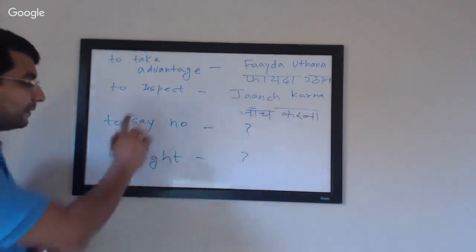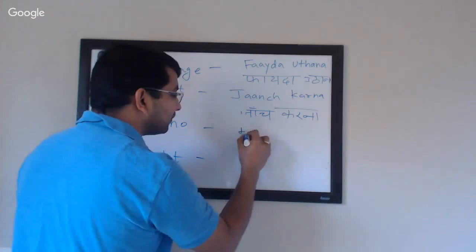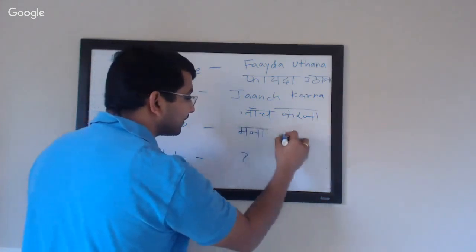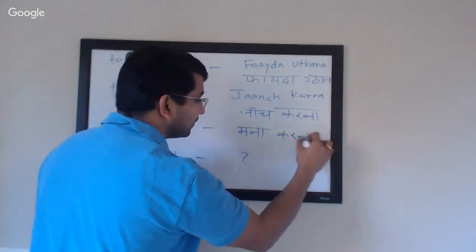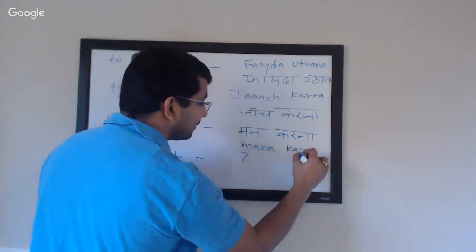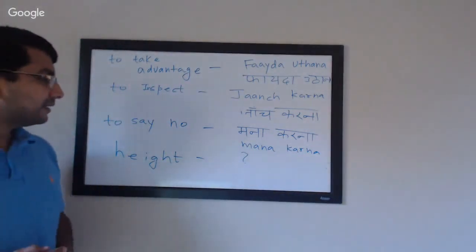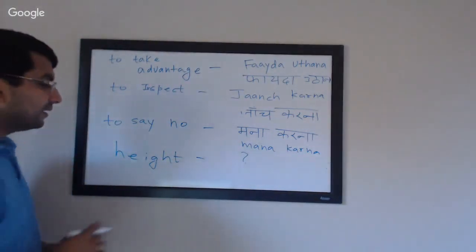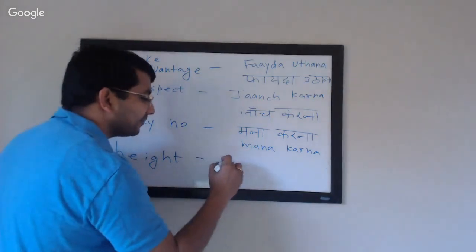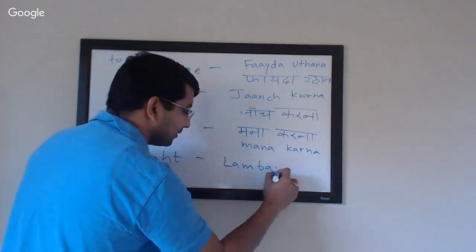Okay. To say no, in the case of the verb, it's mana karna. Mana karna, right? Height is lambai.